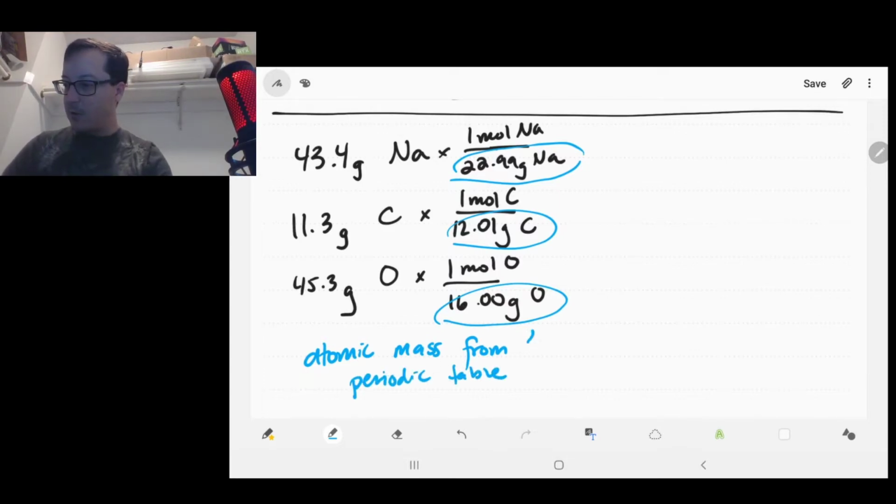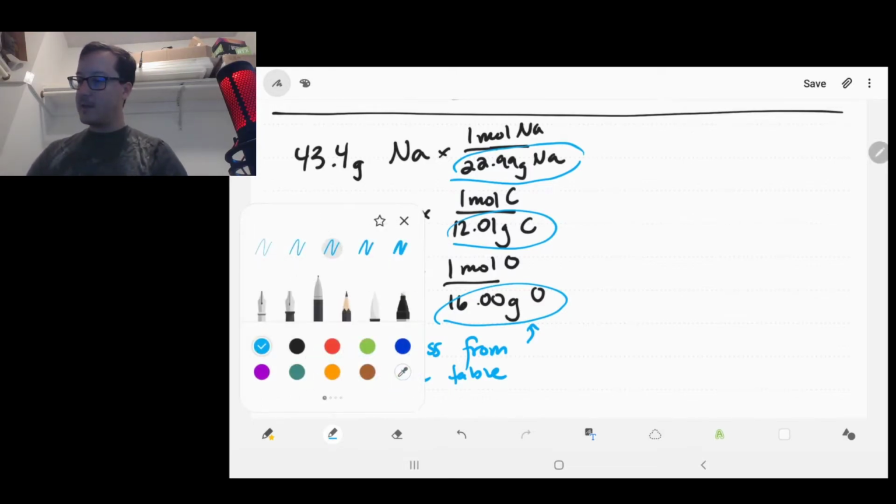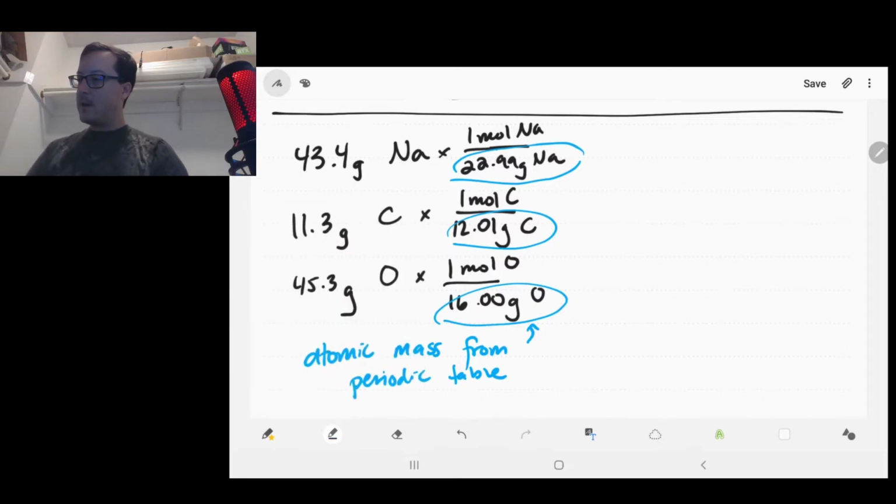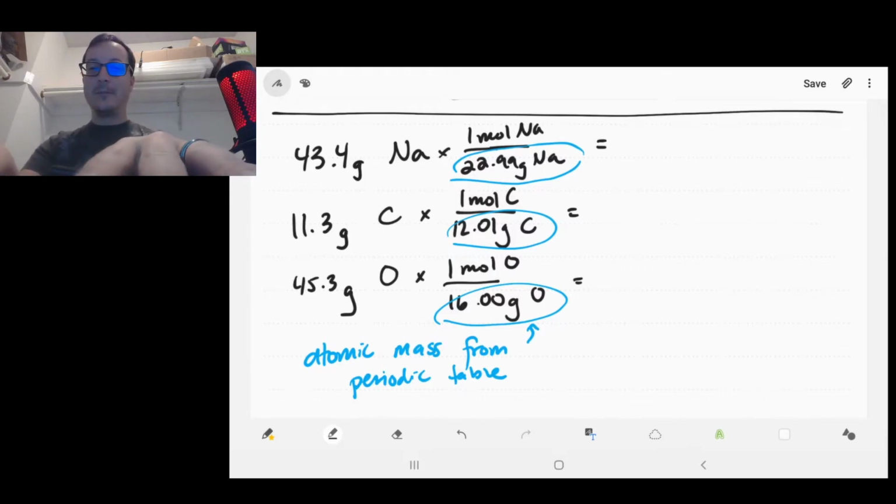So we need to convert all these things into moles. All of these blue bits here are atomic masses from the periodic table. Let's go ahead and do this. I don't even have my calculator in this room, but that's okay. So we have 43.4. Sorry, you're going to see my fingers because for whatever reason this laptop has the camera at the bottom. That's also why you're seeing so far up into this closet. So it's fun.